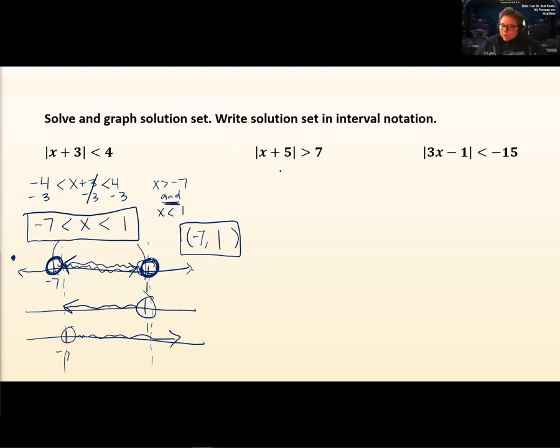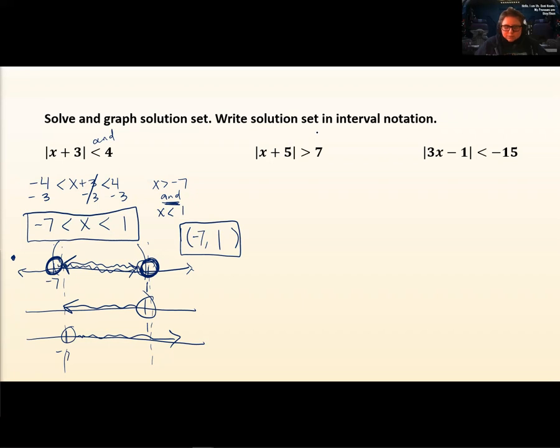Okay. So let's look at the next one. The last one was an and, right? What is it when we're dealing with an absolute value that's greater than? Anyone know?